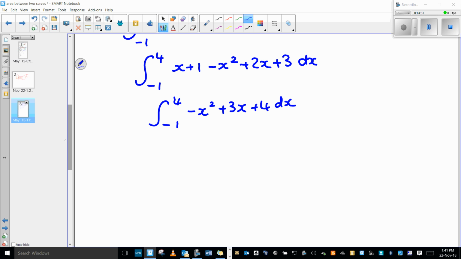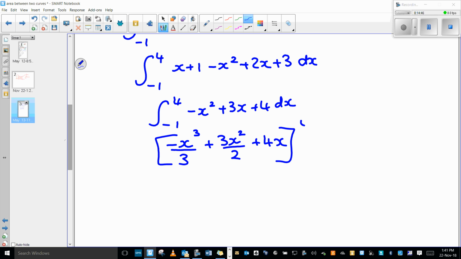So we've got negative x cubed over 3 plus 3x squared over 2 plus 4x. Square bracket and hang the limits at the end. Then we're going to put those numbers in. So, negative 4 cubed over 3 plus 3 squared.